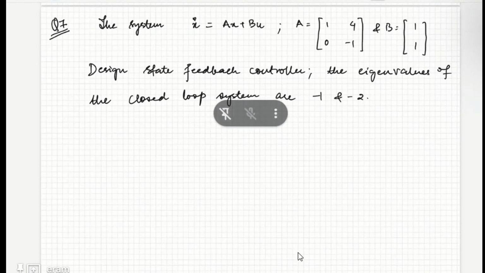So we are given a linear time invariant system, and for this system we have to design a state feedback controller such that the eigenvalues of the closed loop system are minus 1 and minus 2. That means we have to design a controller such that the eigenvalues are strictly negative. That means we want to have asymptotic stability of the closed loop system. So for this we have to design the state feedback controller.